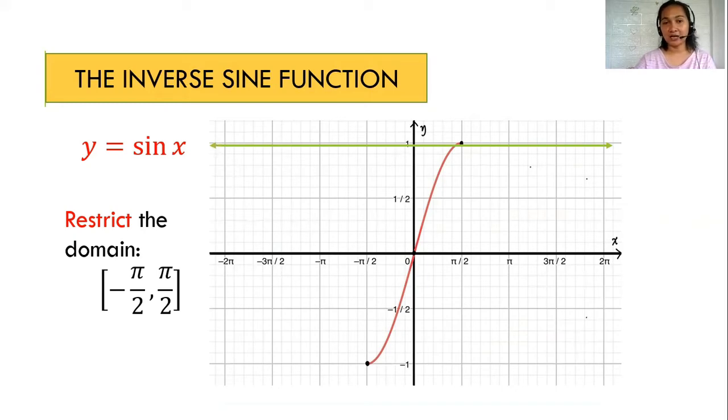Thus, it now has an inverse, but its range will be the same. We have from -1 to +1 still.